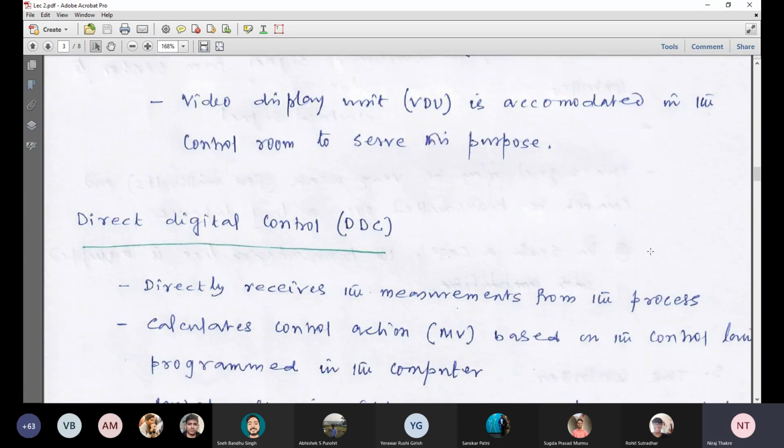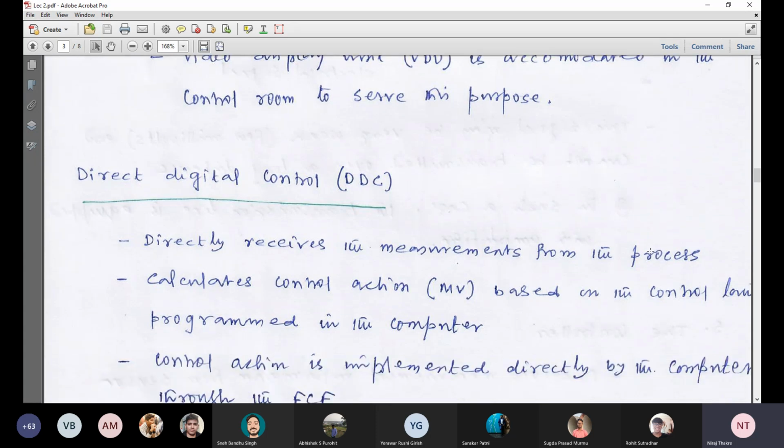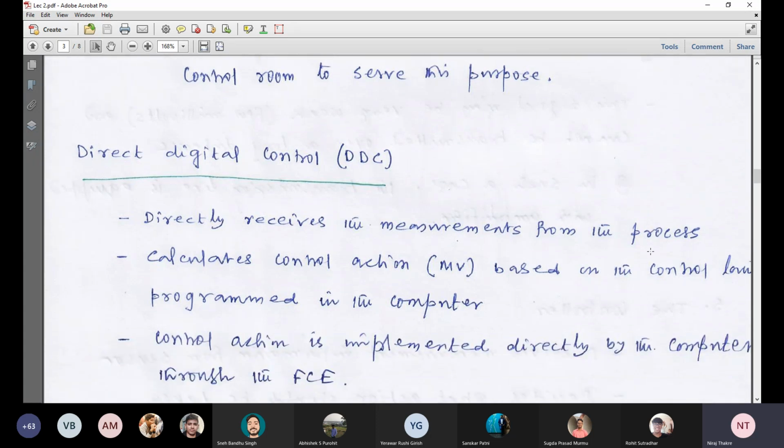Fine. Now one important term which is widely used, that is direct digital control or DDC. So what control configuration we have discussed so far, that is basically direct digital control. We have discussed the issues so far in details.